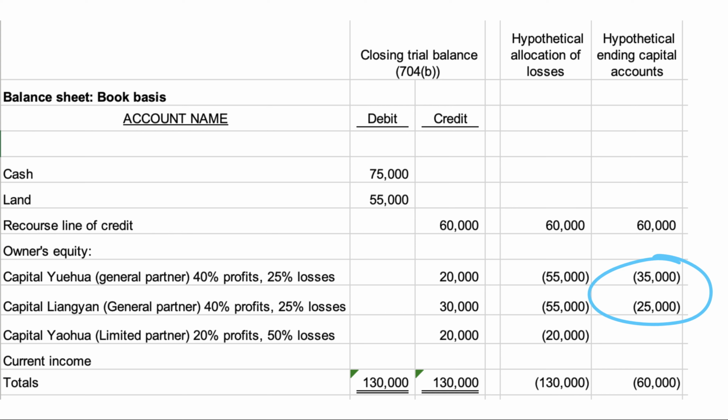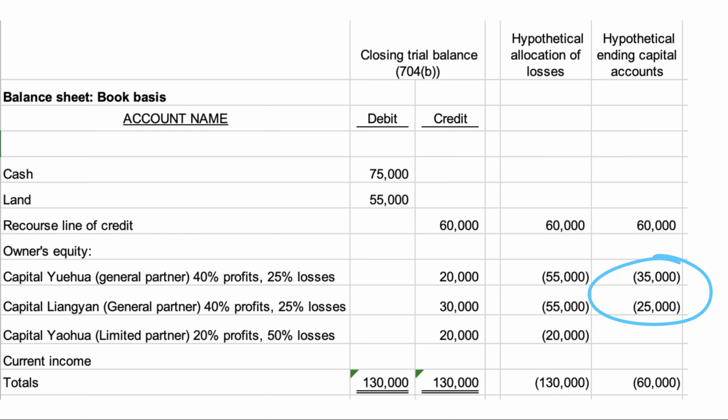In our example, Yuehua must pay the partnership $35,000 to restore the negative capital account to zero. Liang Yen must pay the partnership $25,000 to restore the negative capital account to zero. The partnership will now have $60,000 cash, which will be used to pay the $60,000 recourse debt.